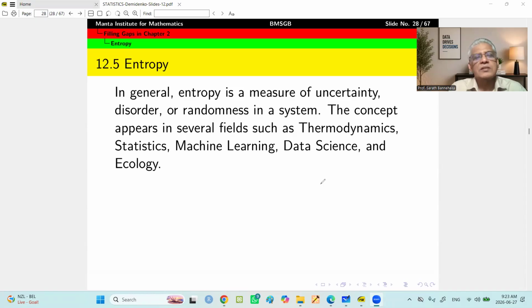In general, entropy is a measure of uncertainty, disorder, or randomness in a system. If the uncertainty or the disorder or randomness is high, we say it has a high entropy.